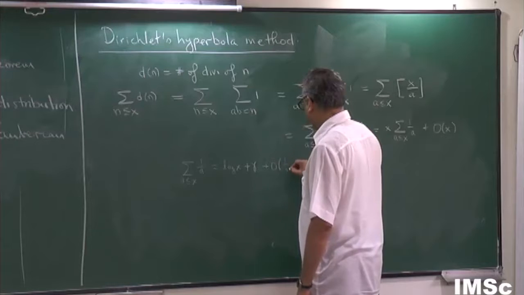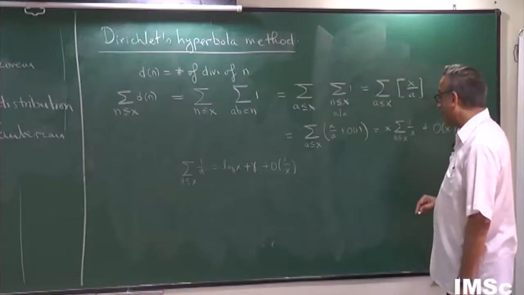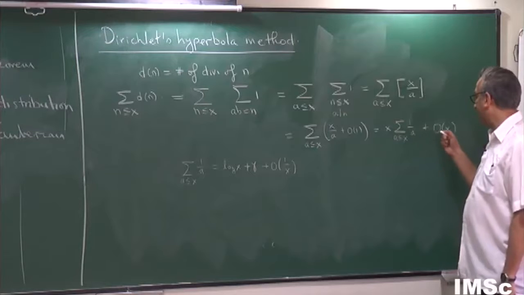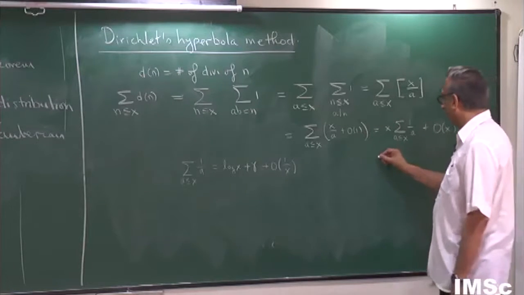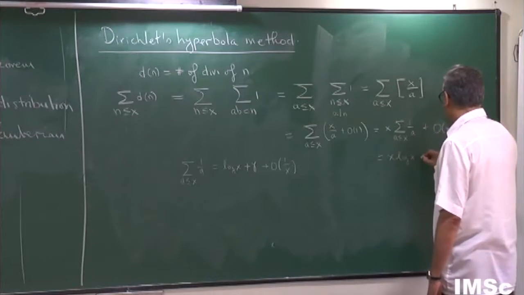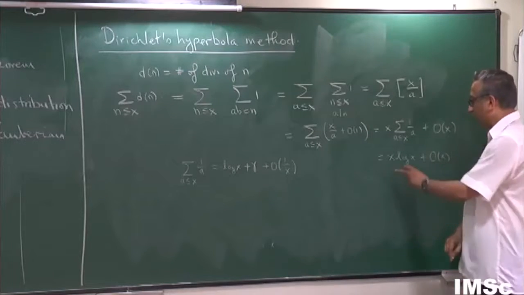If you do it carefully, you get something like this. So you can try to plug that in. So here, if I plug it in, I get x log x plus gamma x. The gamma x is absorbed into the error term, so it's irrelevant whether you keep gamma or not. So you end up getting x log x plus O of x by this approach, which at least gives you the main term.